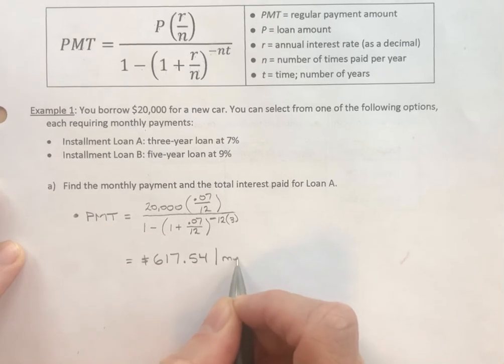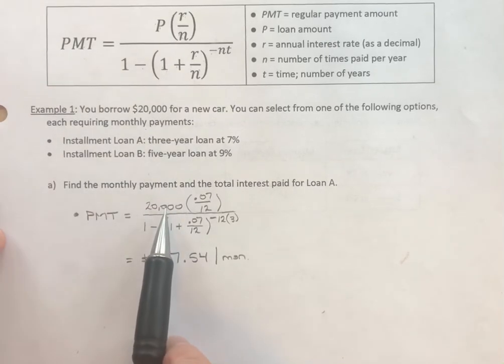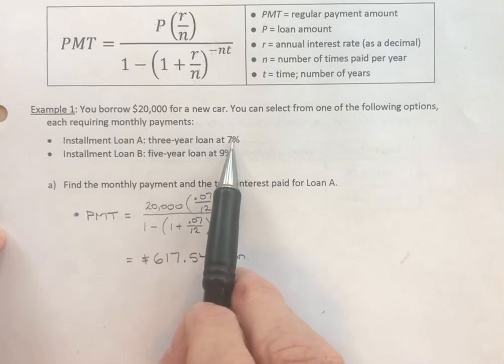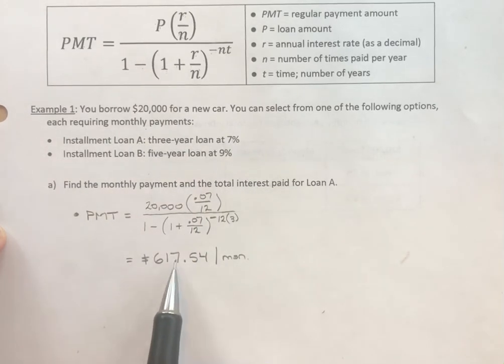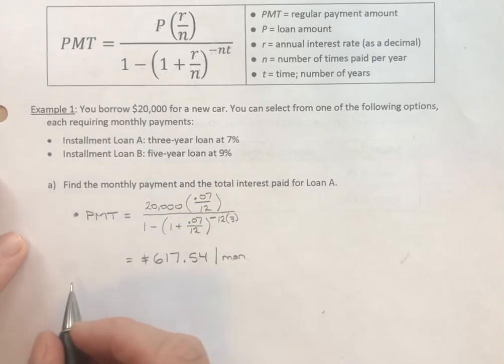Okay, so if you want to borrow $20,000 for 3 years at a 7% interest rate, you're going to have to pay $617.54 for 36 months, 3 times 12, and you will have paid off and the car will be yours. So let's take a look.